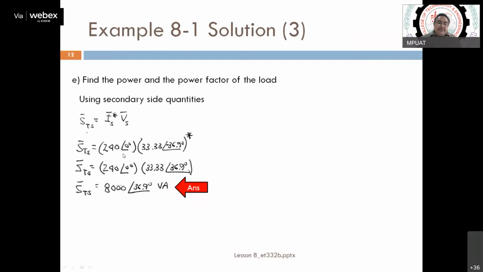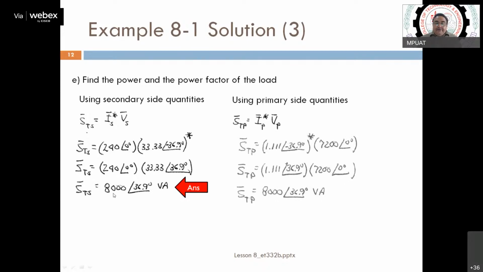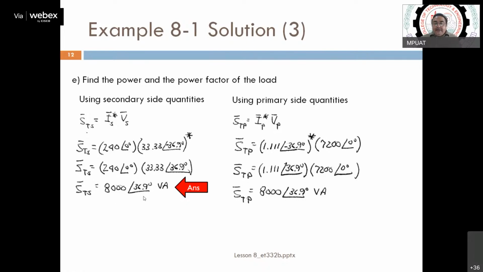The secondary voltage is 240 angle 0 degree, and IS I have already found. I will take its complex conjugate. In the complex conjugate the angle changes sign, the magnitude does not change, so minus will become plus. When I multiply the two polar quantities, I get 8000 angle 36.9 volt ampere. You can also express it in kilovolt ampere by dividing by 1000, so it will be 8 angle 36.9 degree kVA.